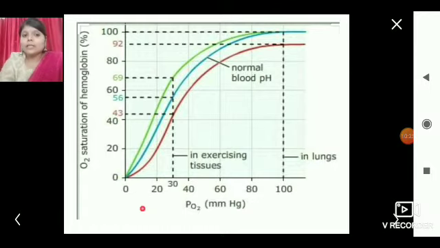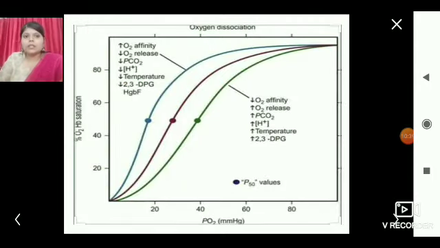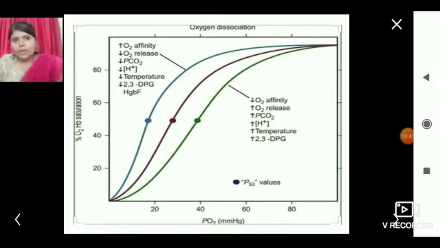With little partial pressure of oxygen, the saturation increases. Saturation levels increase in exercising tissues, while at normal blood pH it is normal. So this clearly tells us how the factors affect the shifting of the curve.